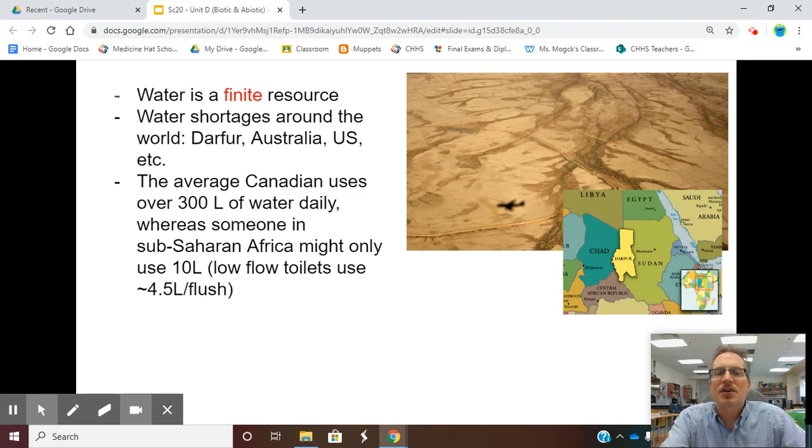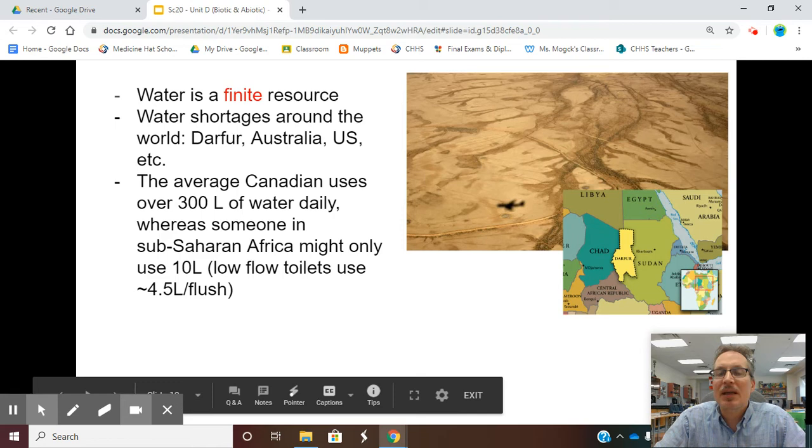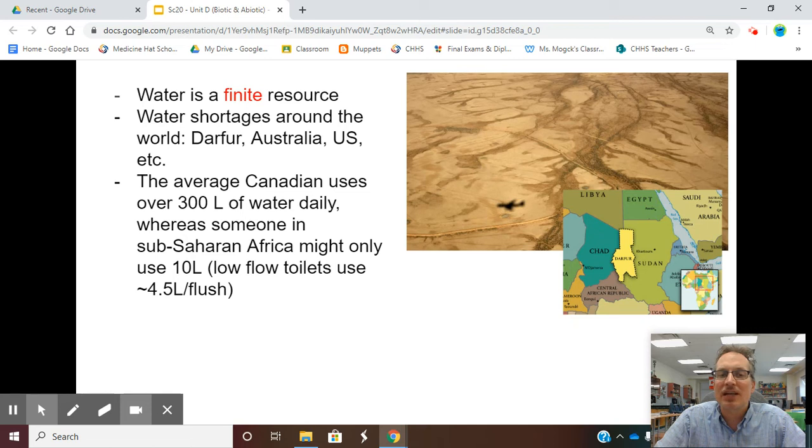So in these places, we consider water a finite resource, meaning we could run out. If you think of in comparison to Canada, the average Canadian uses over 3,000 liters of water daily, where somebody in the sub-Saharan in Africa might only use 10 liters of water daily.